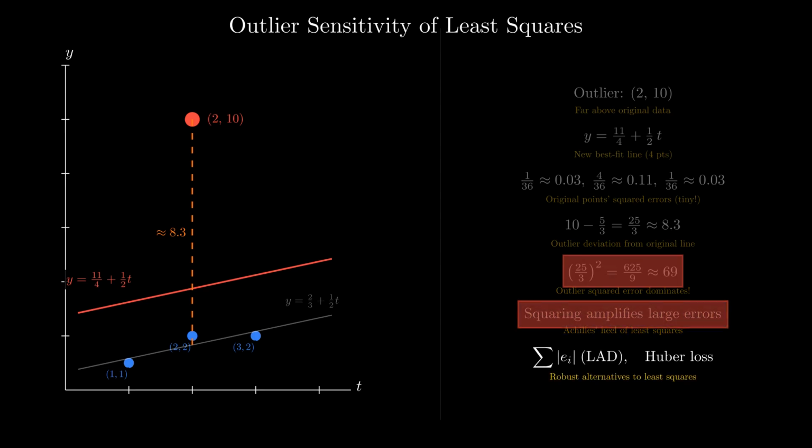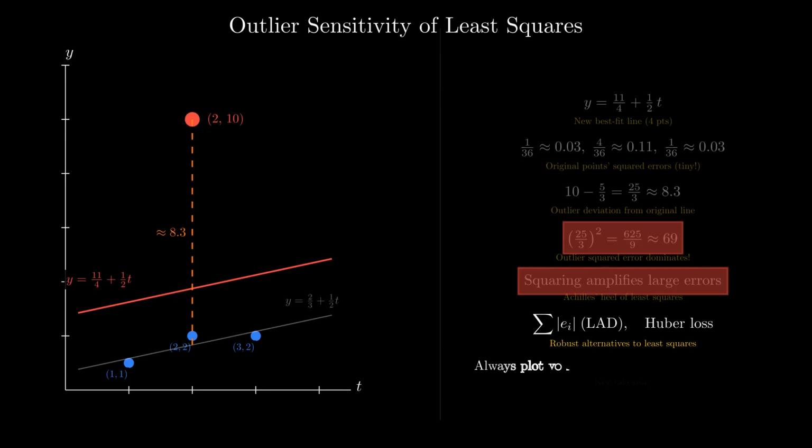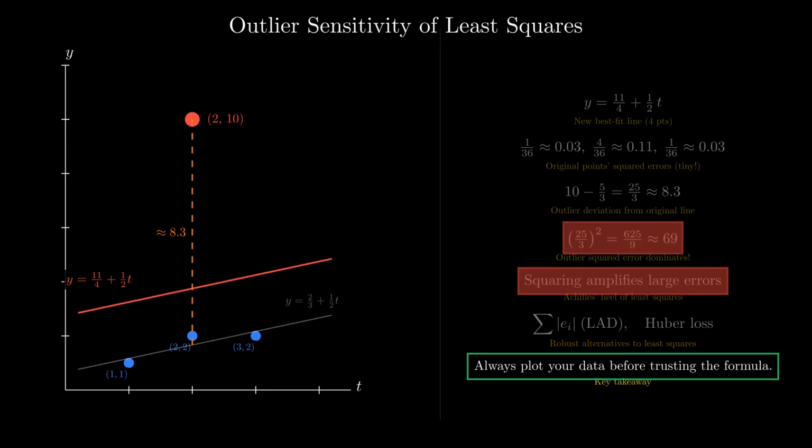Statisticians counter this weakness with robust methods, such as least absolute deviations, which use the absolute value of errors instead of squaring, or Huber loss, which blends squared error for small residuals with absolute error for large ones. The key takeaway: always plot your data before trusting the formula.